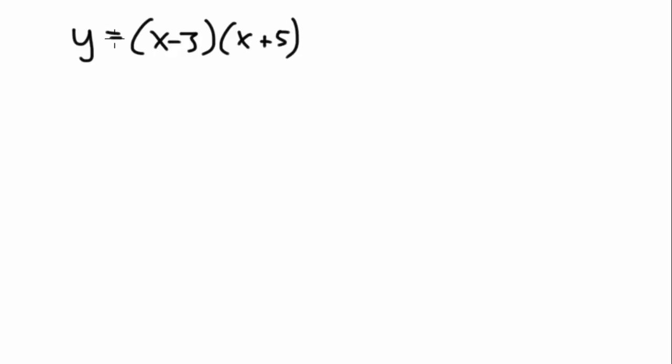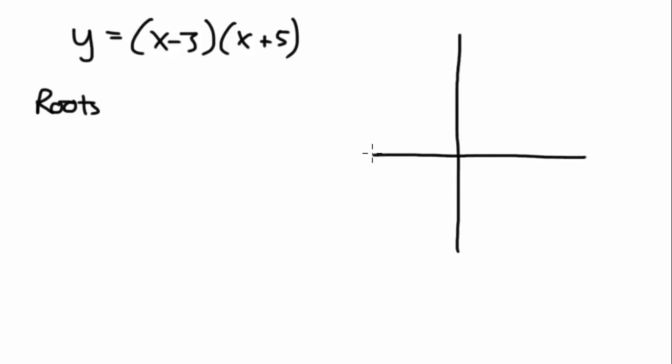plus 3. So essentially the first thing you want to do is you're going to end up drawing this, so you end up finding where it cuts the roots, which is where it cuts the x-axis. So if I try and draw this very roughly, the roots are where it's going to be cutting this axis here. Okay, so that's the x-axis. So what you have to think of is, where it cuts the x-axis is when y equals 0.